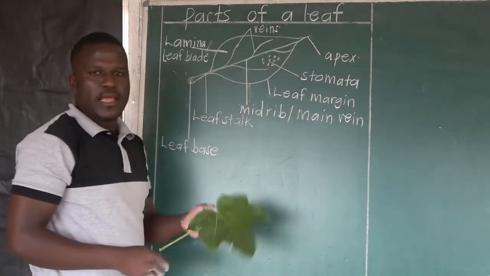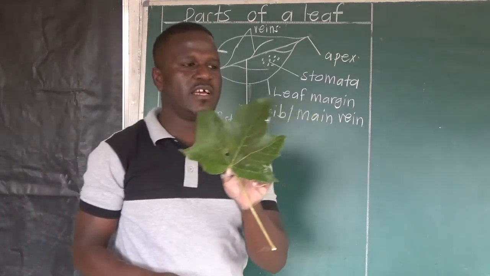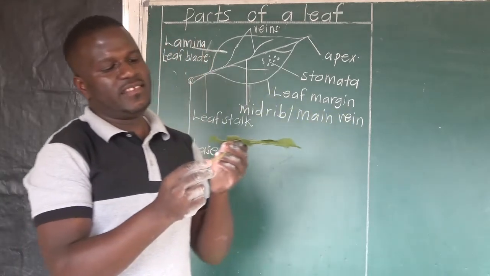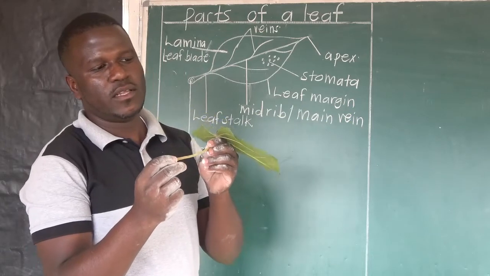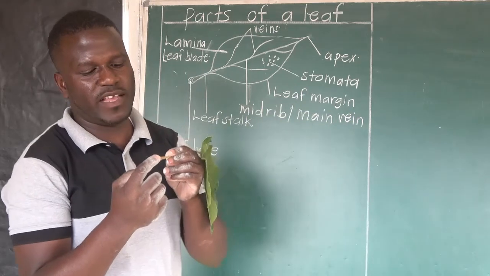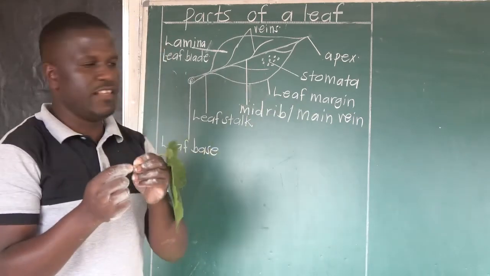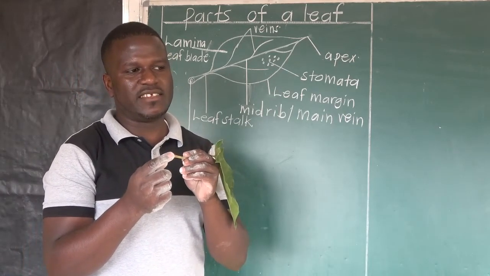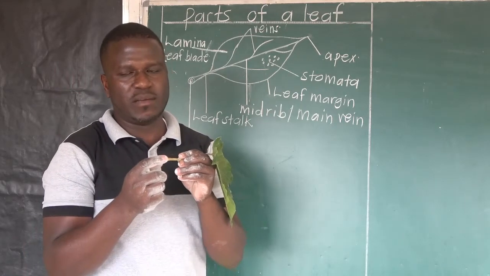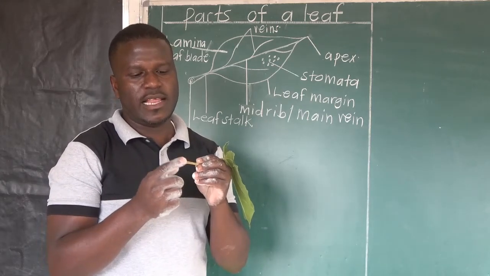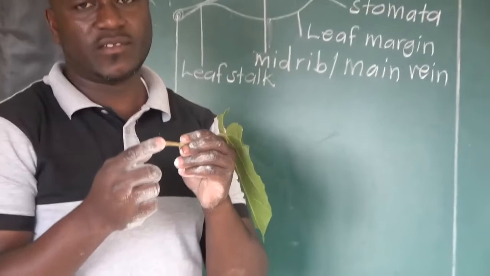Now, if you look at this leaf I'm holding in my hands, this part where I'm pointing with my finger, we call it leaf base. It's the one which attaches the leaf either on the branch or on a plant.